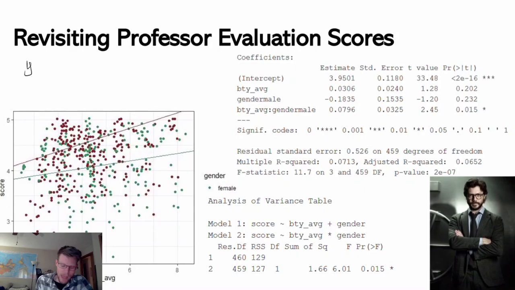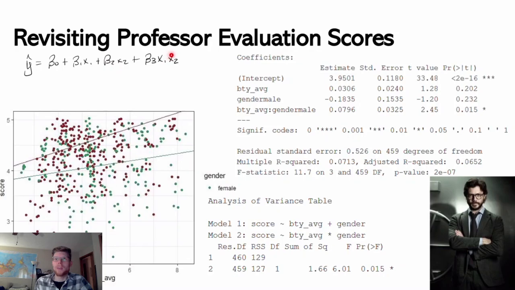So it's going to be y hat equals beta naught plus beta 1 x1 plus beta 2 x2 plus beta 3 x1 x2. And this right here is what we call the interaction term. Depending on the gender of the professor, because x2 is going to be either a 0 or a 1, if it's a 0, this goes away.